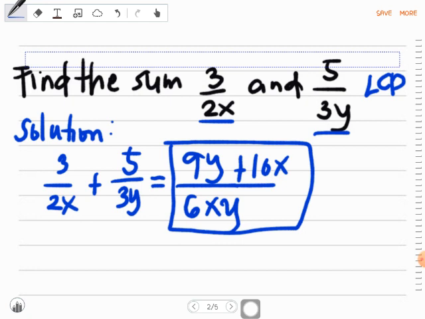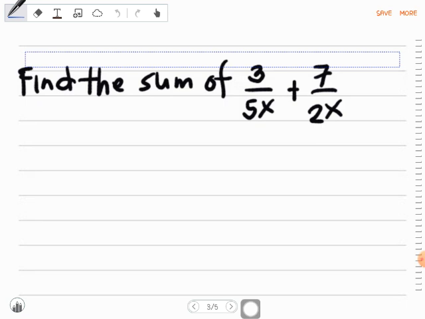Okay. Now, let's proceed to our next example. Our next example would be find the sum of 3 over 5x and 7 over 2x. Since hindi sila pareho ng denominator, kailangan kunin muna ang LCD or least common denominator.